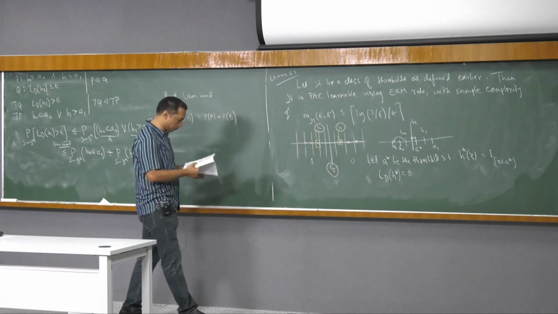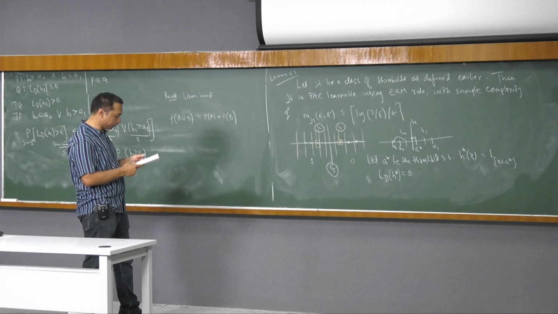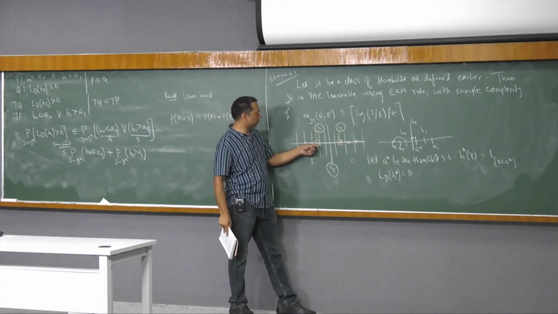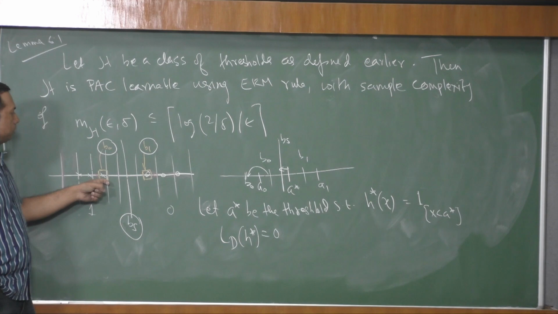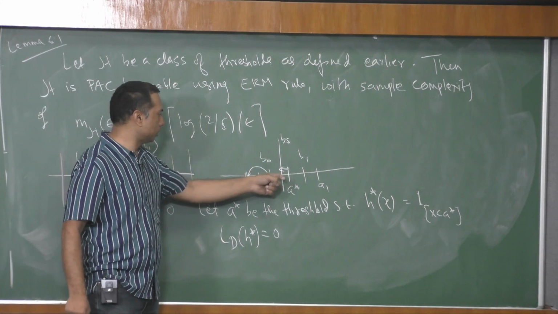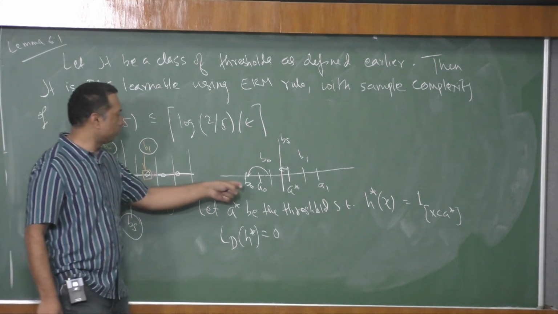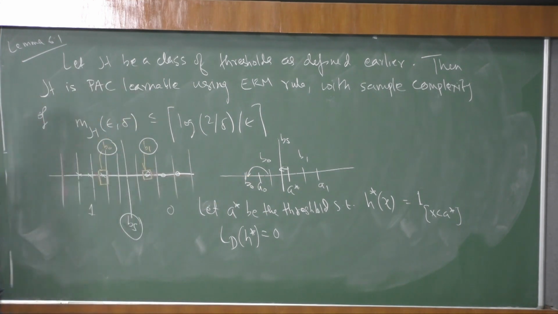Since B naught was the max of all the samples with label 1, none of the samples were in A naught A star. That's why even after taking the max, I found B naught to be even less than A naught. That's the only way B naught can be less than A naught.